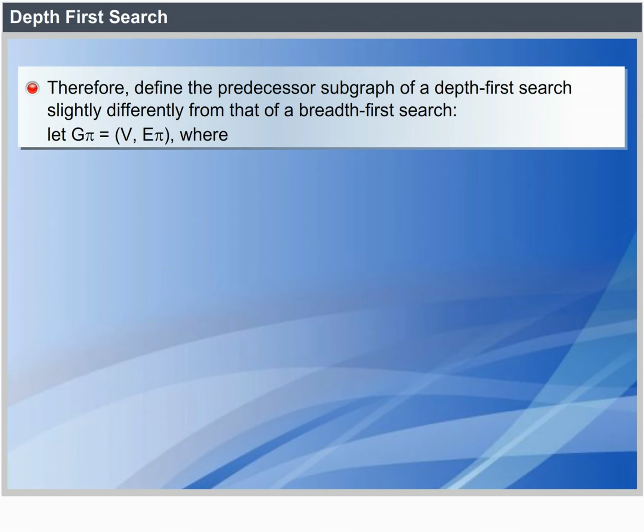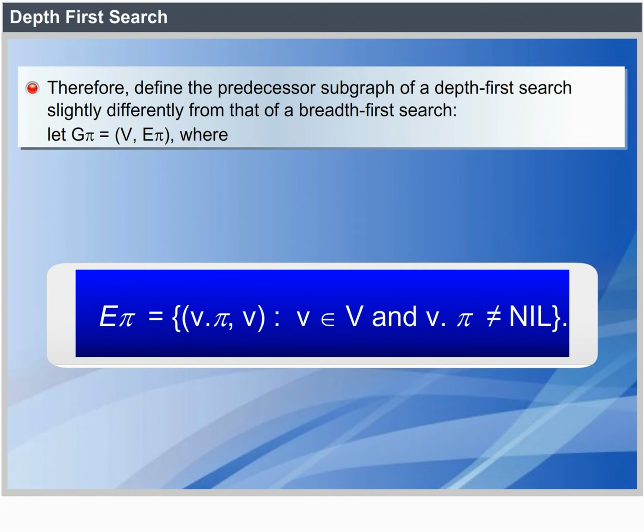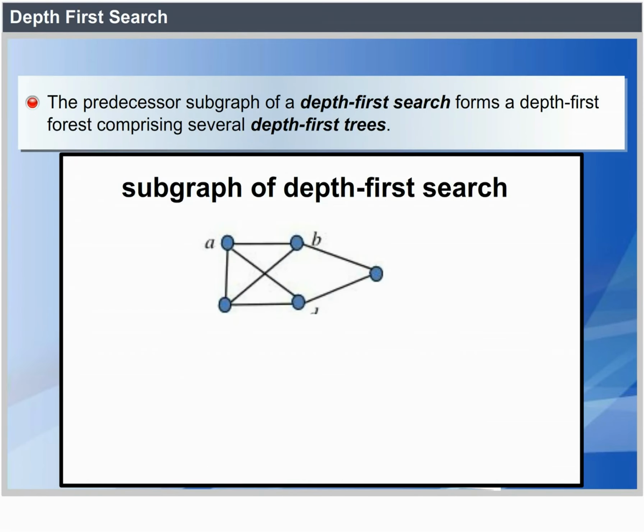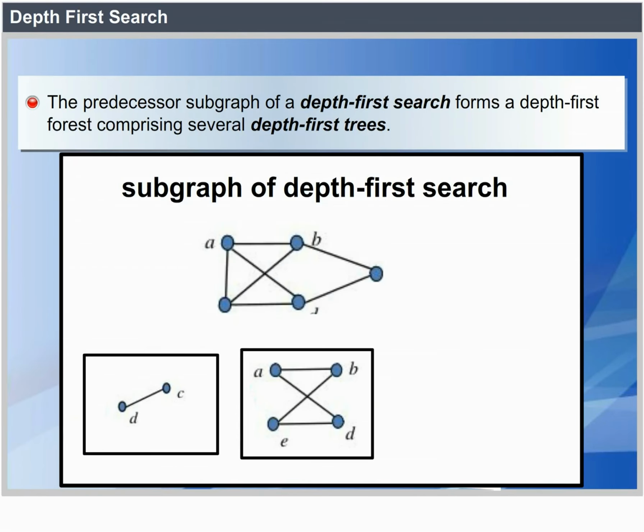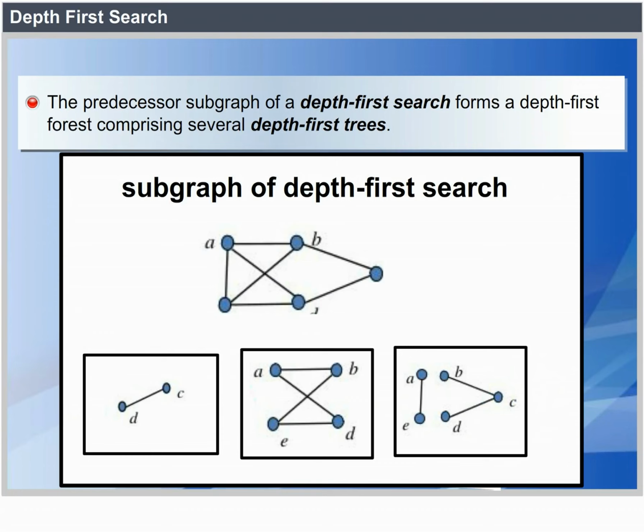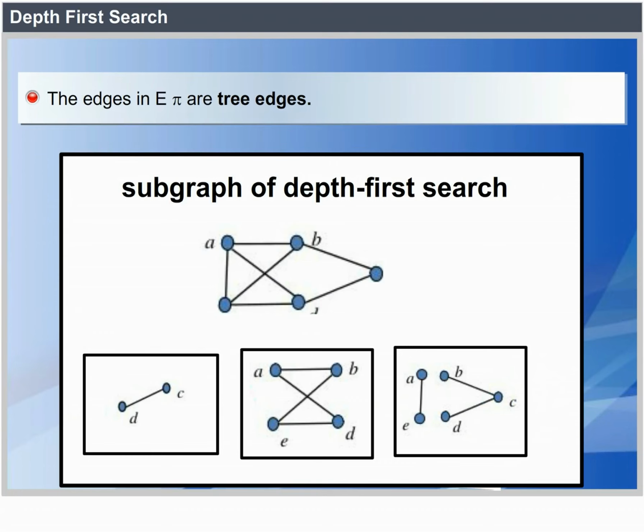Let Gπ = (V, Eπ), where Eπ = {(v.π, v) : v ∈ V and v.π ≠ NIL}. The predecessor subgraph of a depth first search forms a depth first forest comprising several depth first trees. The edges in Eπ are tree edges.